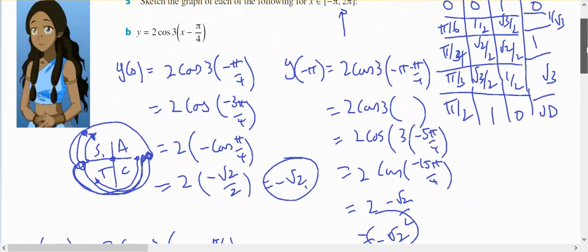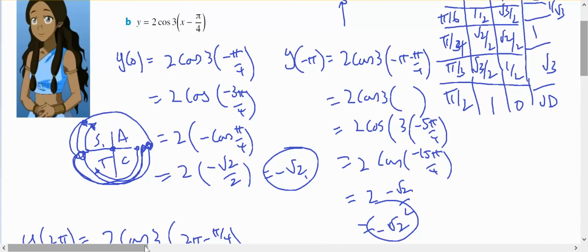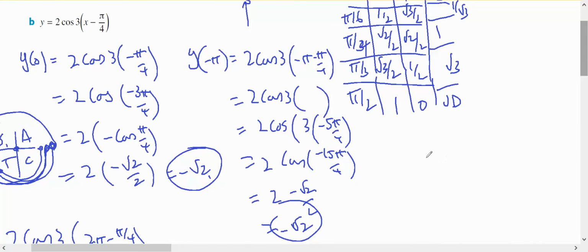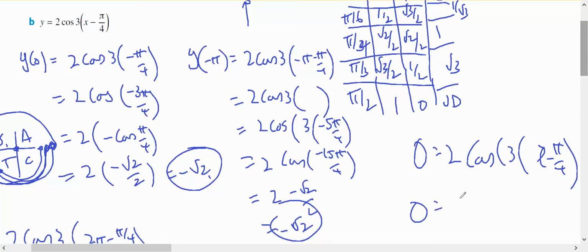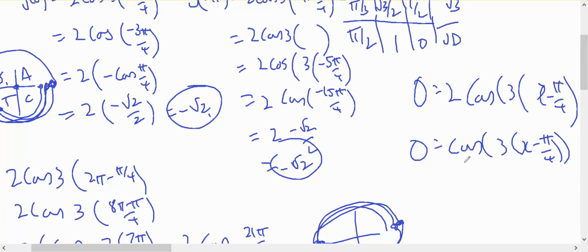What are going to be my x-intercepts? Okay, so to find where the x-intercepts are equal to 0, so 0 equals 2 cos of 3 times x minus pi on 4, with 0 equals the cos of 3 x minus pi on 4. Okay, what are the values of cos that give me a 0?